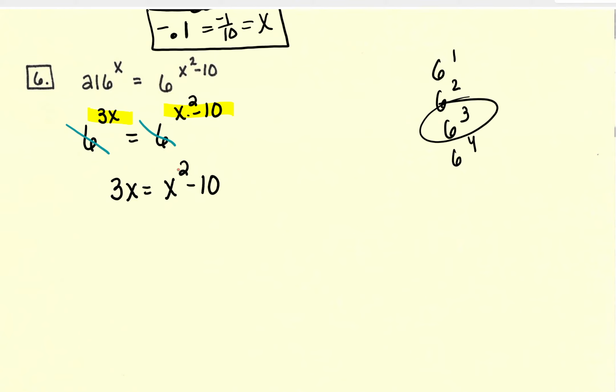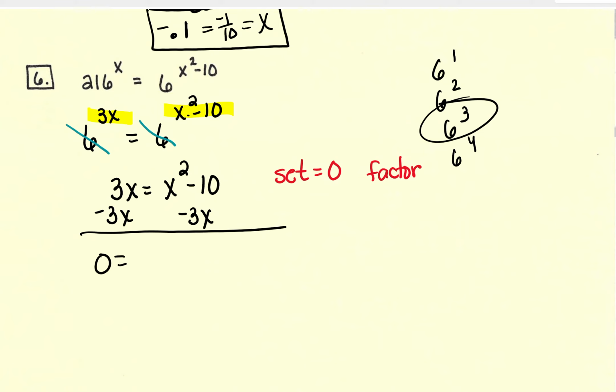Remember, when you have a squared term like this, this is a quadratic, you're going to set it equal to 0 and factor. So I'm going to subtract my 3x over. So 0 equals, now those aren't like terms. Let's don't put them together. Instead, write what you see, x squared minus 3x minus 10. And we want to factor this.